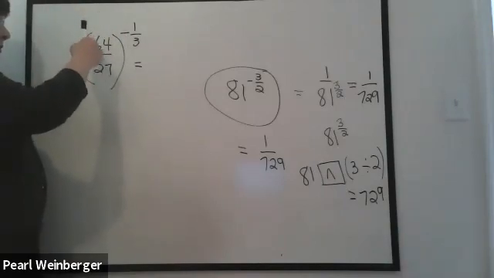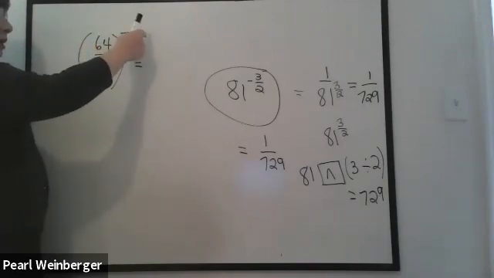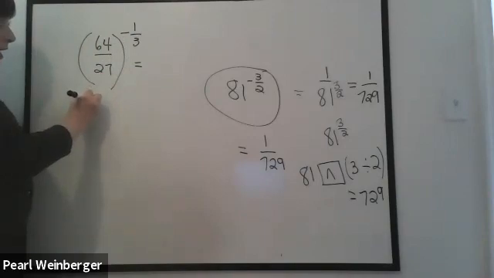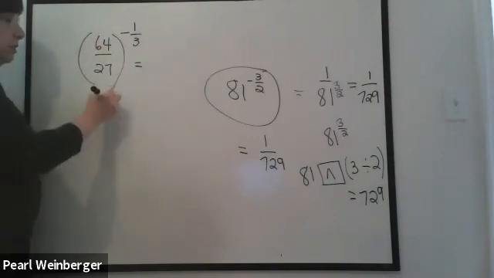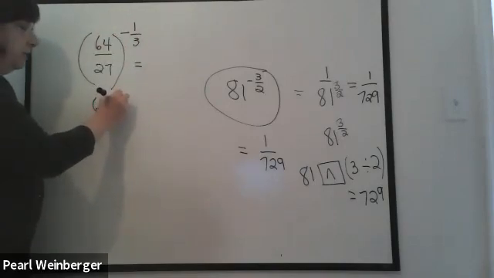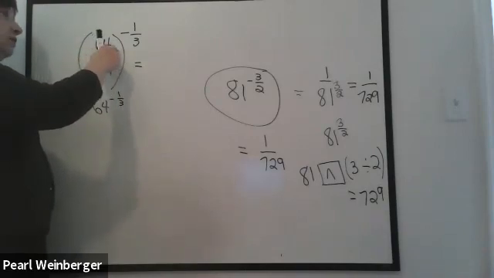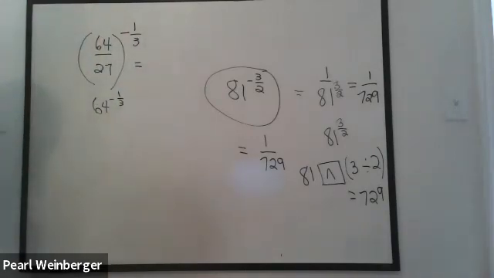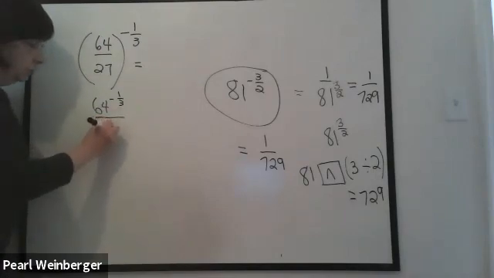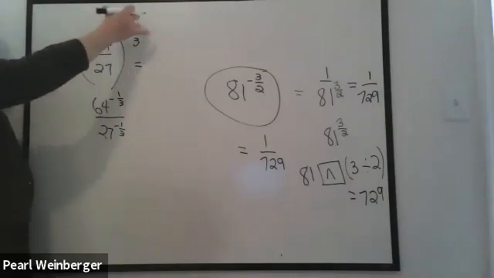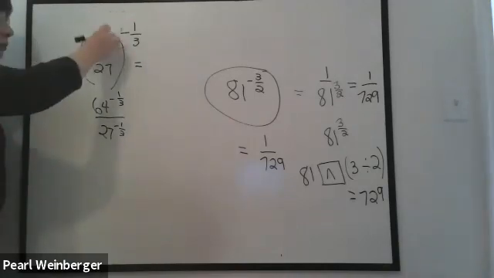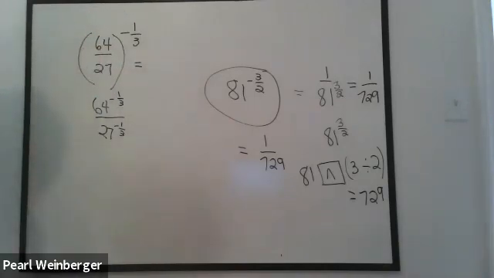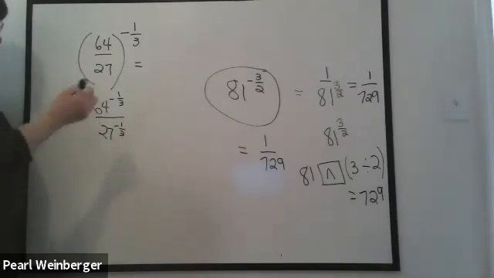When we have a fraction with an exponent, it means that that exponent is being distributed to everything inside the parentheses, which means that 64 is to the negative 1/3 power, and the 27 is also to the negative 1/3 power. So anytime you have an exponent outside of parentheses, it means apply that exponent to all the different things that are inside the parentheses.